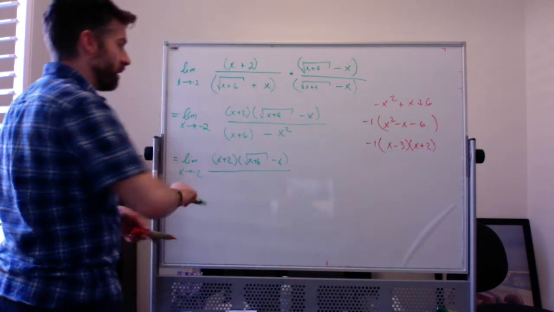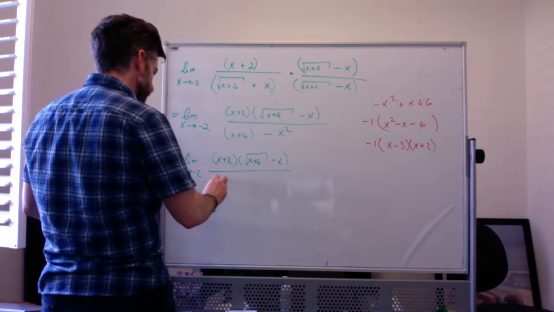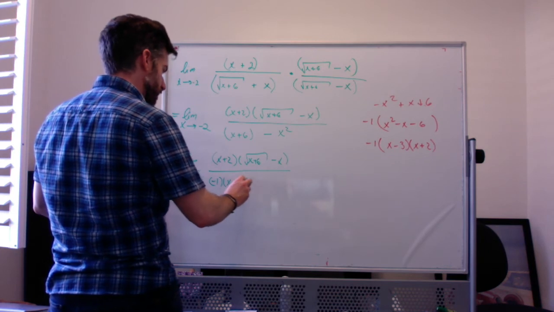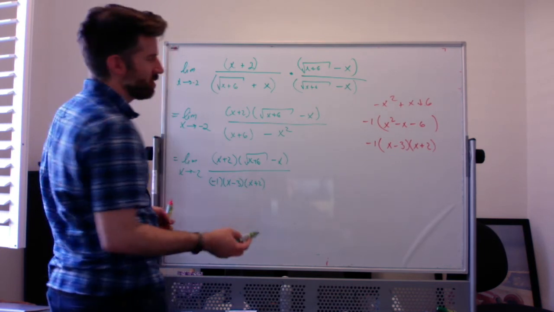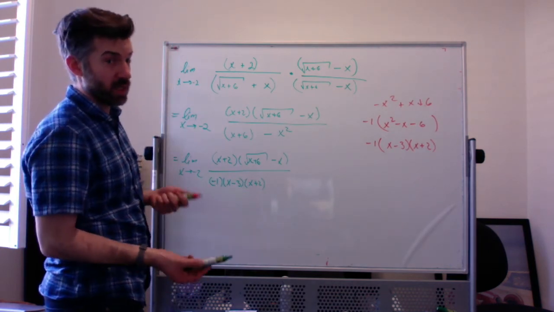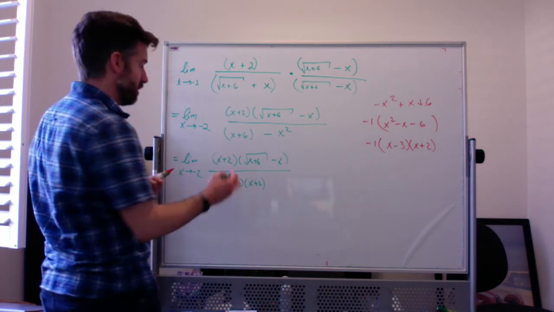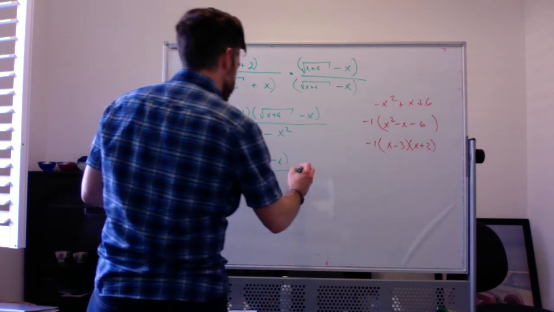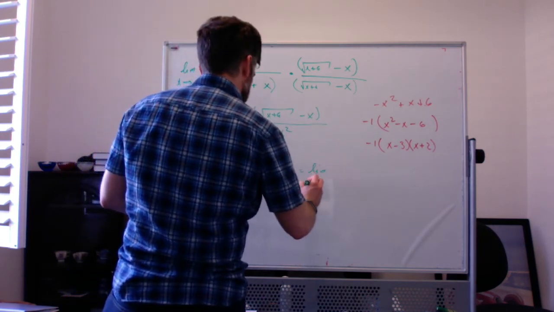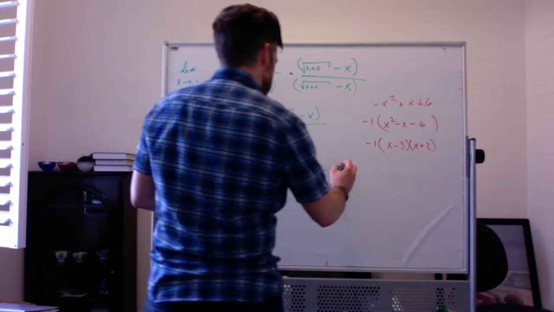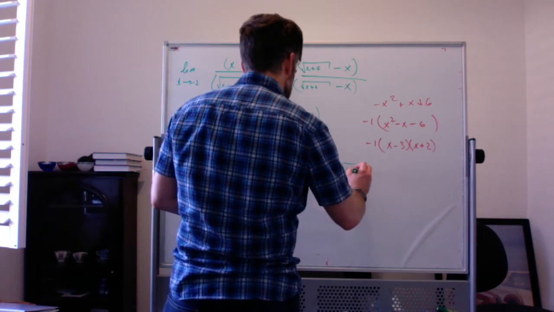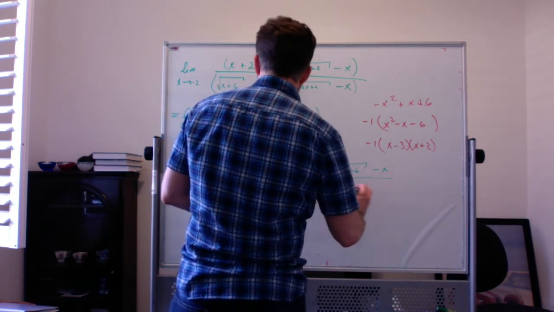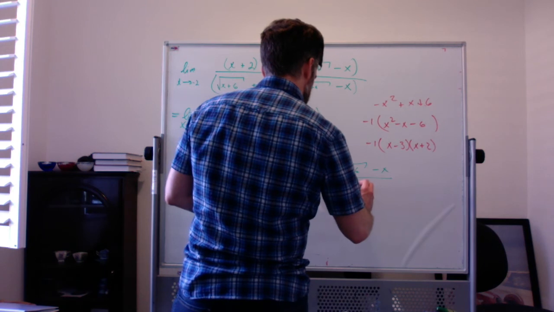So this denominator factors as negative 1 times x minus 3 times x plus 2. I also could have guessed that x plus 2 was going to factor out because I need that to cancel. So this x plus 2 cancels with that. Then we're left with the limit as x goes to negative 2 of the square root of x plus 6 minus x, all over negative 1 times x minus 3.